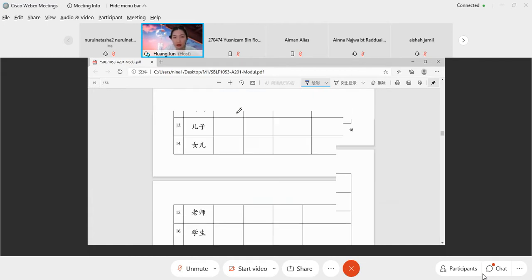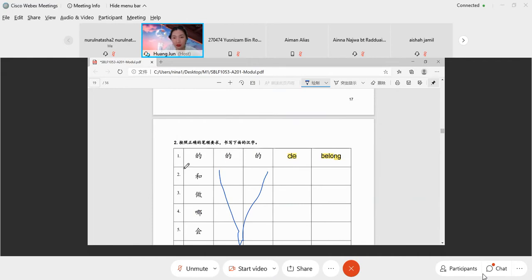Then right now look at the first one, the word de. Okay, the first Chinese character de.